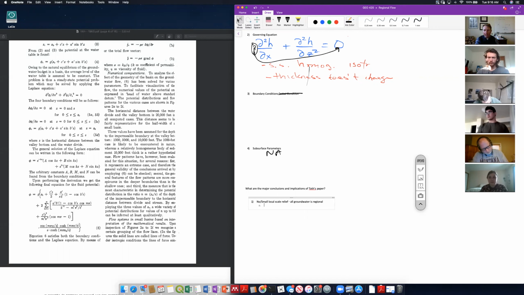The caveat to that is local flow develops when we have topography. Higher relief means more local flow and deeper local flow systems.